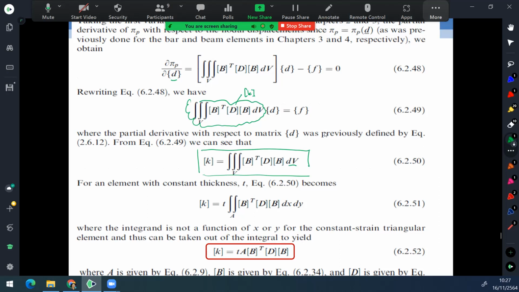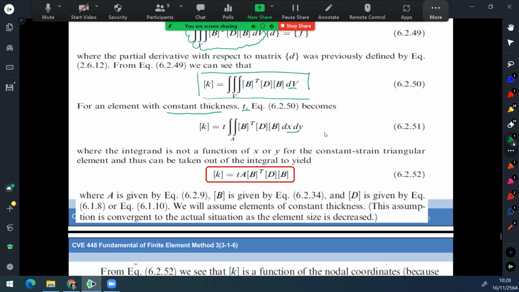But for the general case of an element with constant thickness t that we mentioned too, for the case that the thickness is constant, we reduce the integral over volume to the integral over area instead.